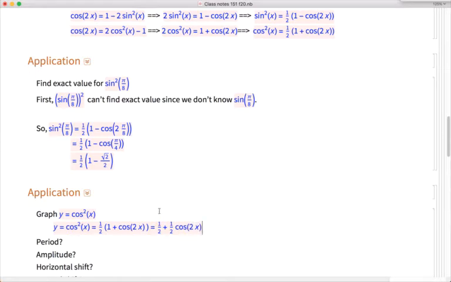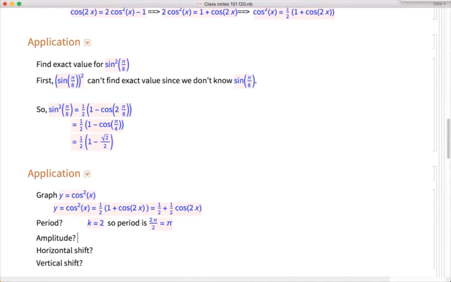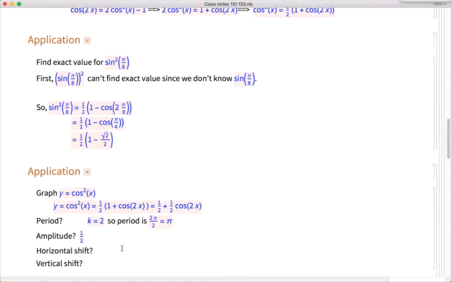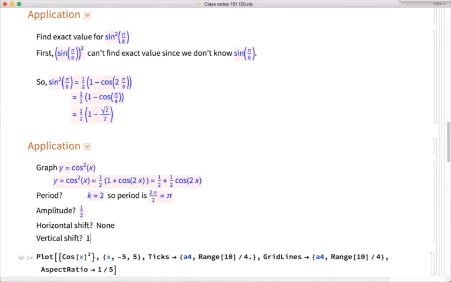Okay, so this function has now been rewritten as a translated or transformed cosine function. What's the period? Well, the k number here is 2, so the period is 2 pi over 2 equals pi. What's the amplitude? Well, that's the 1/2 in front of the cosine. What's the horizontal shift? There's none. And what's the vertical shift? There's a 1/2. Right?